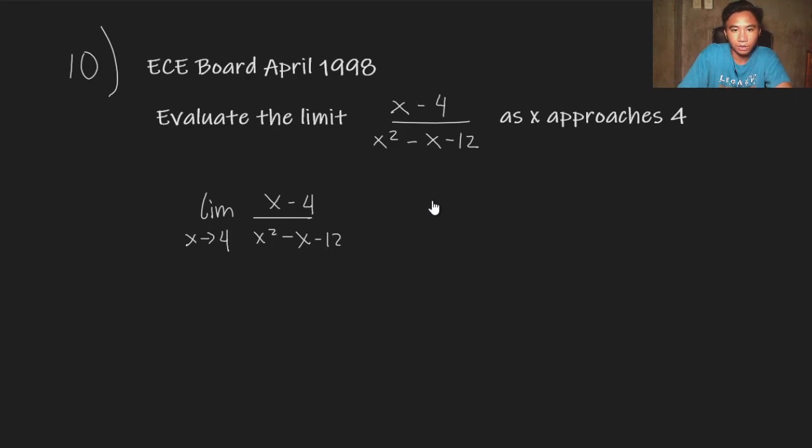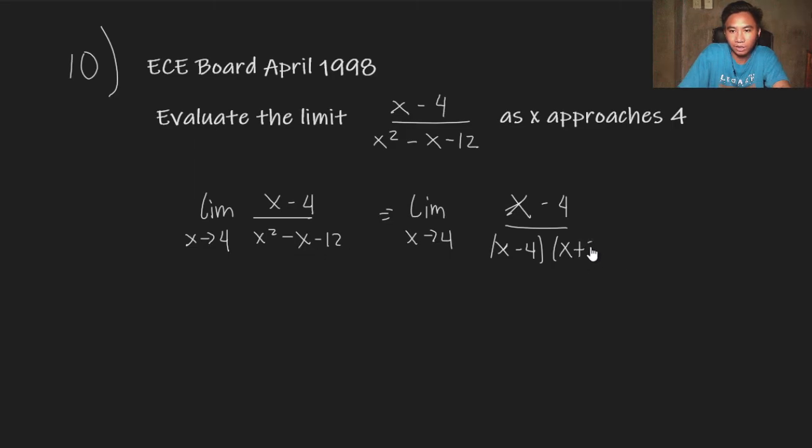So, simply, i-factor muna natin. Ayan. So, factor muna natin yung nasa baba. So, it becomes x minus 4.